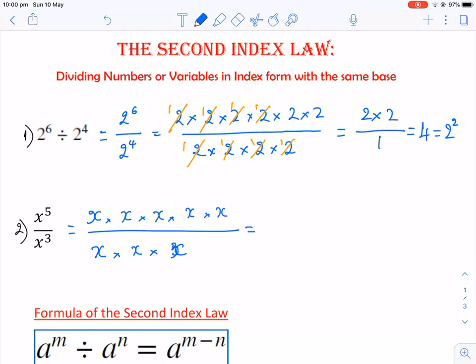I simplify this fraction again. I will have x divided by x is 1, and my final answer is x times x, x to the power of 2. You can write x squared.